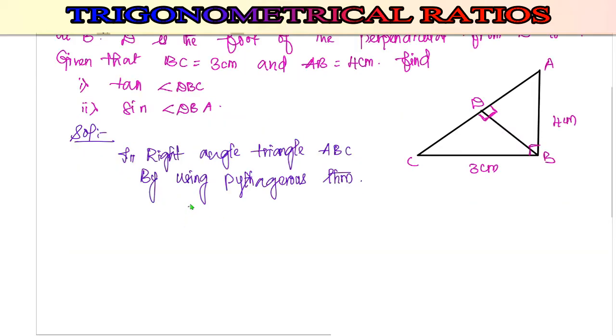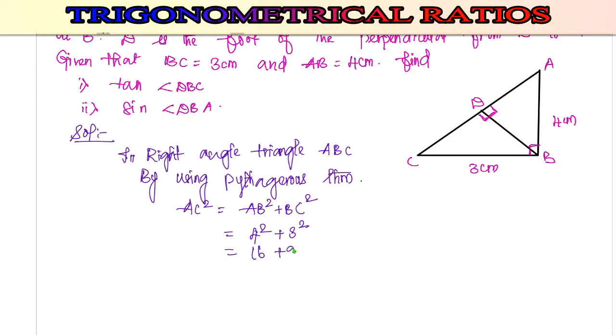The formula here, AC square is equal to AB square plus BC square. AB is 4 square, BC is 3 square, 4 square is 16 plus 3 square is 9. So we got 25 AC square. AC is equal to plus or minus root 25. So finally we got AC is equal to 5. Positive we need to take to measure the length. So here AC length, this complete length, that is 5 centimeter.